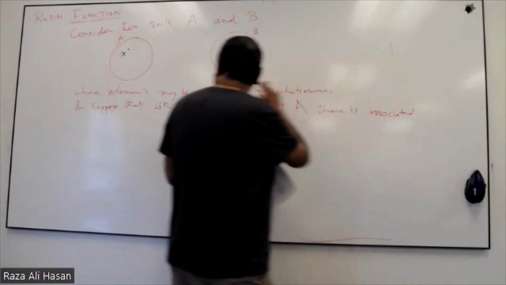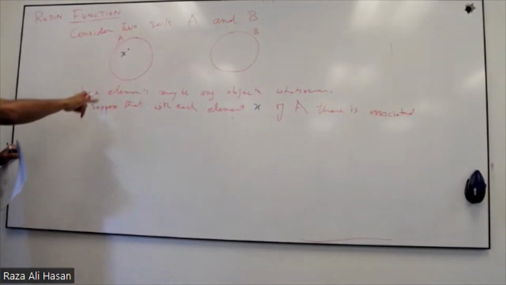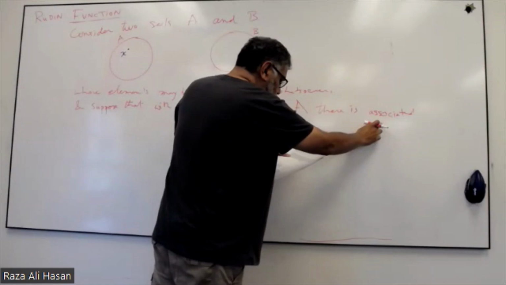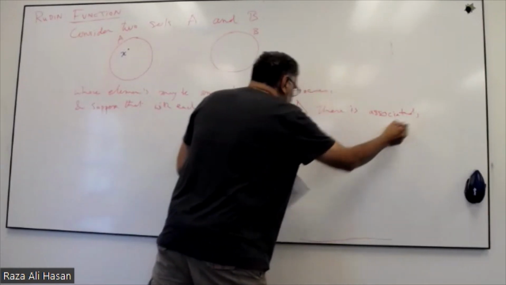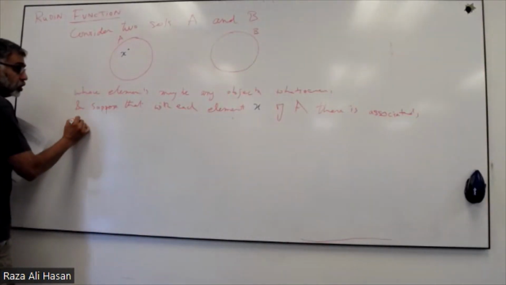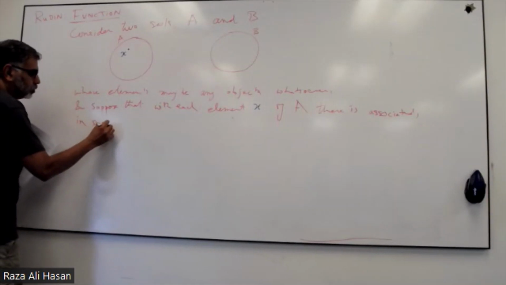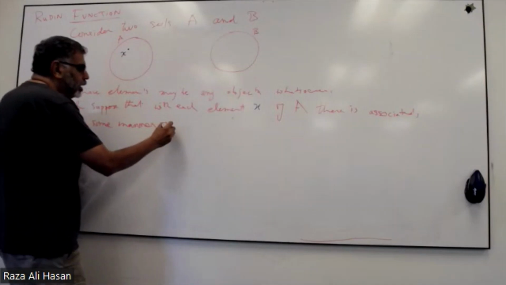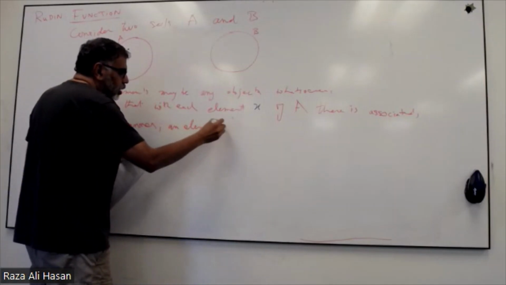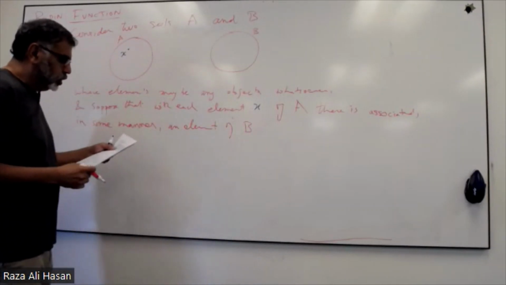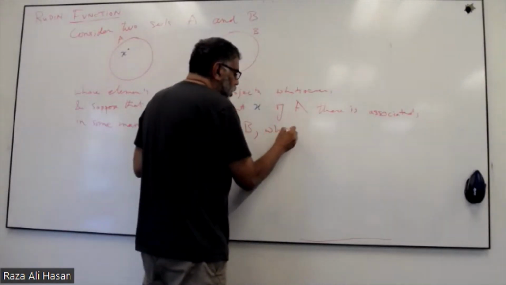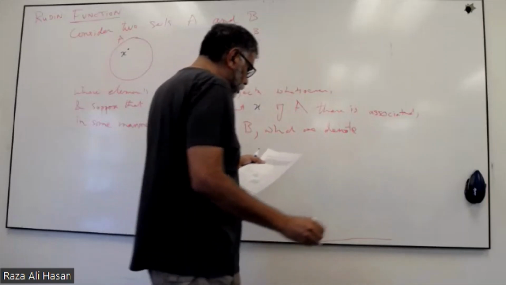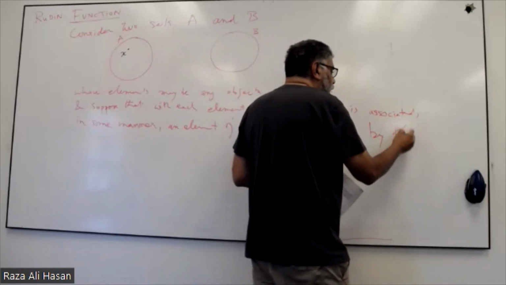So in other words, with this x here that is in set A, there is associated in some manner an element of B which we denote by f of x.